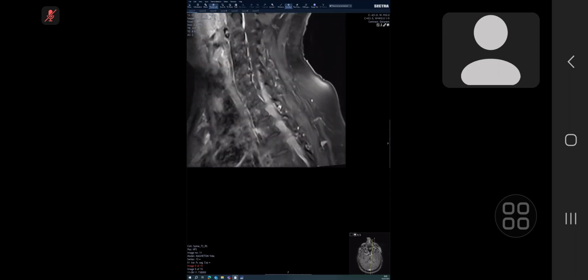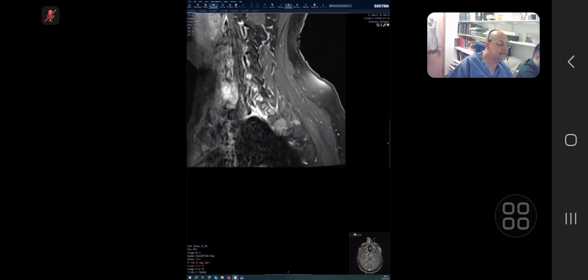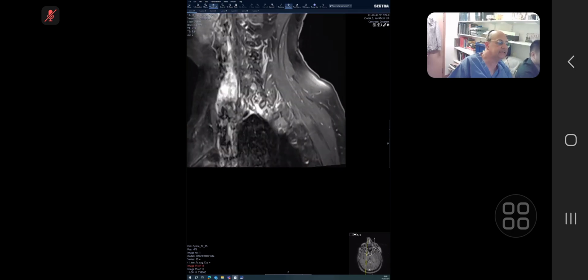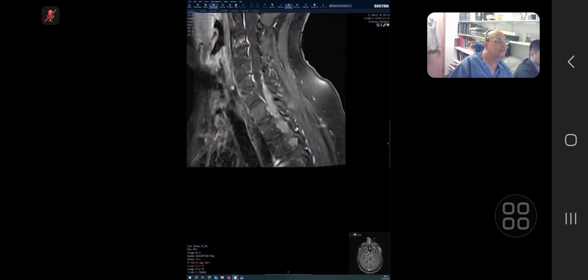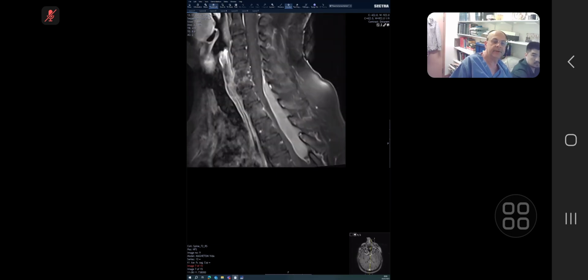The other lesions that arise like this, long segment, extradural, solid, are lymphomas. Lymphoma is a common entity that usually presents like this. It is extradural, does not respect boundaries, and is occupying this area in the epidural space.